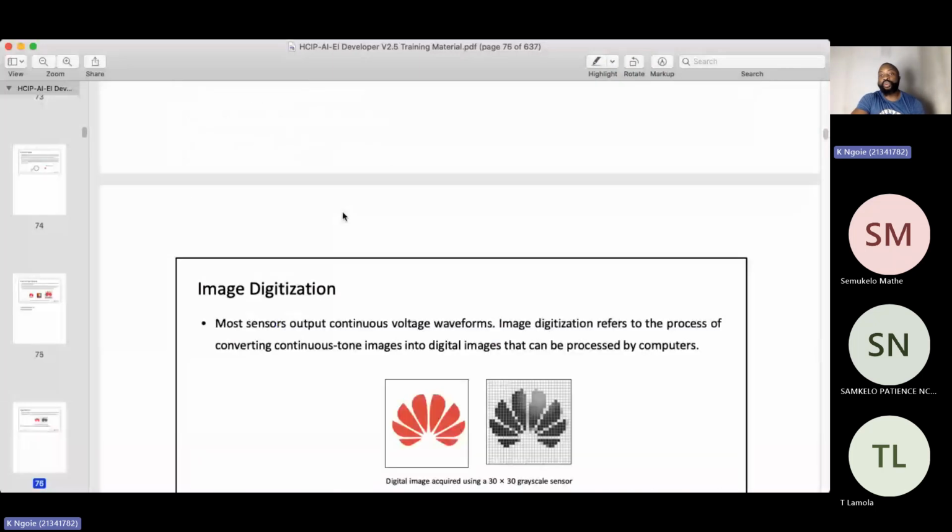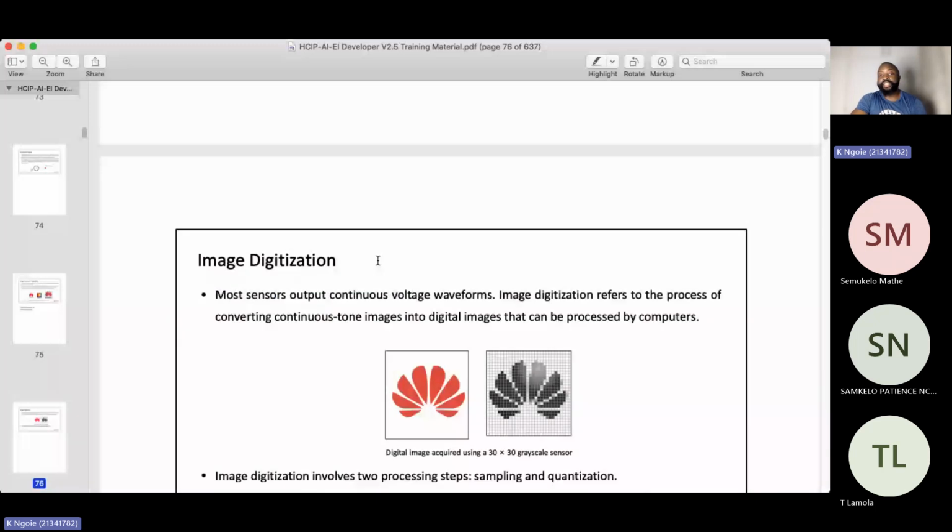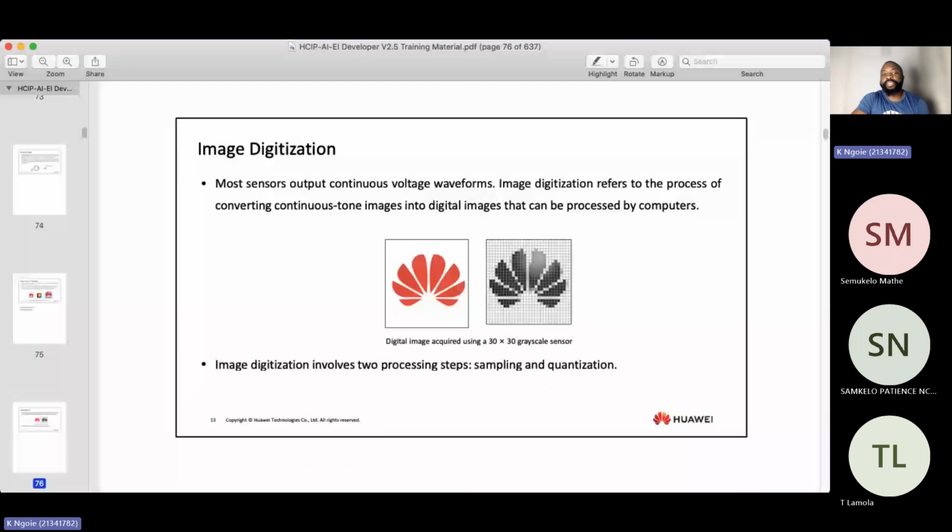And then we have what we call image digitization. When we talk about image digitization, this is the same step as with the human eye concept, right? In this case with the AI, this is the process of converting the real world visual information, which is the light, into a digital format that the AI system can process.